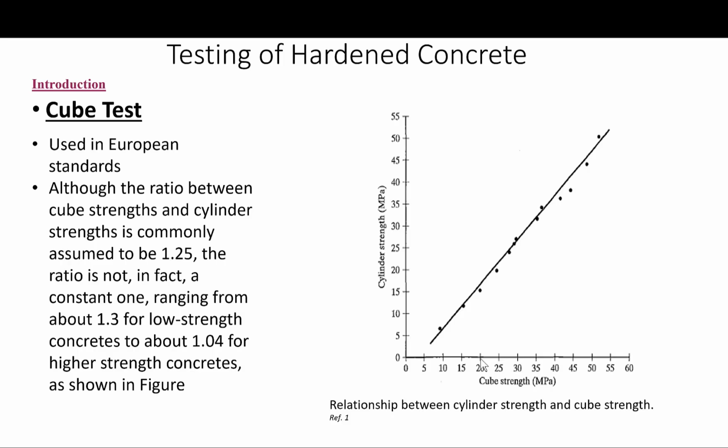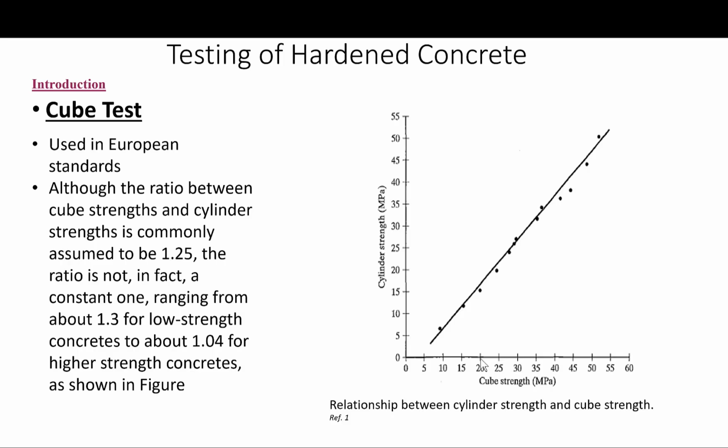After that, it is handled in much the same way as the cylinders as we just described, except that the storage temperature is different, about 20 plus or minus 1 degree Celsius. The cube is tested at right angles to the position at which it was cast.